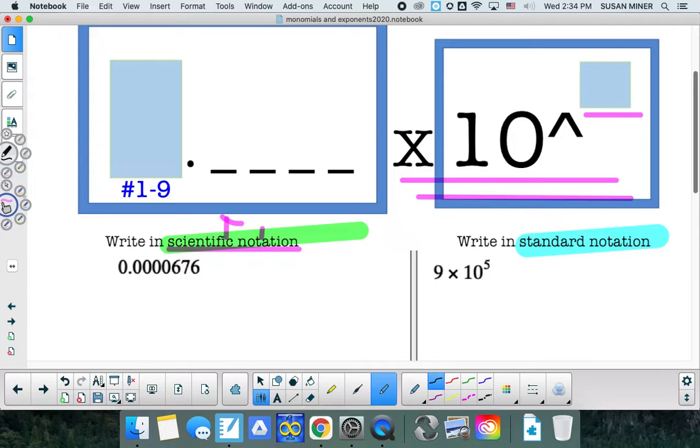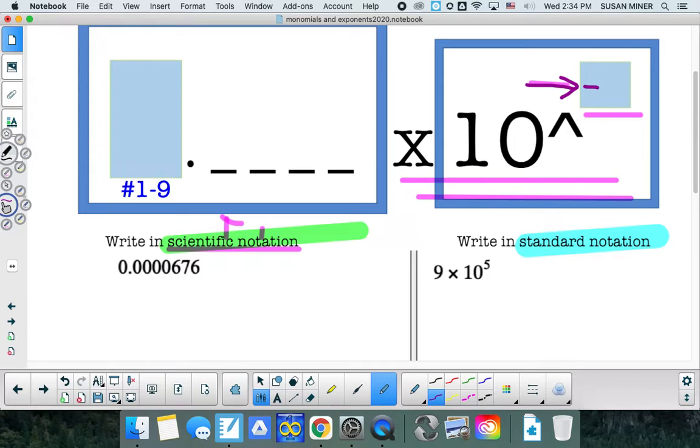So you should already be thinking in your minds, what kind of exponent am I going to put in this box up here? Sorry, let me switch over to my pen here. What am I going to put in this box right here? Is it going to be a positive exponent or is it going to be a negative exponent? And hopefully you're already thinking in your mind that it should be a negative exponent. I can even already put it in the box as being negative.